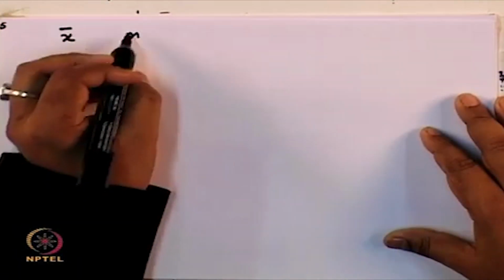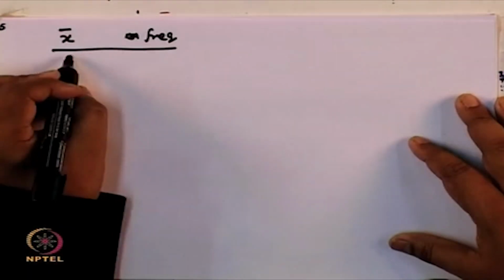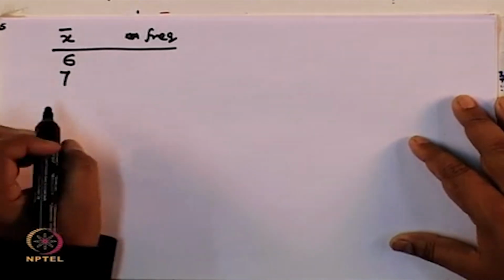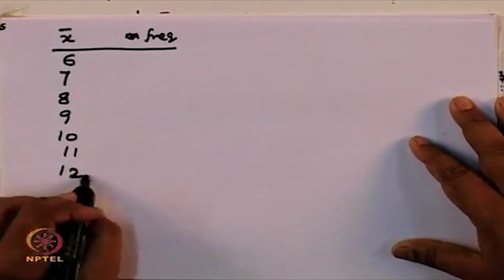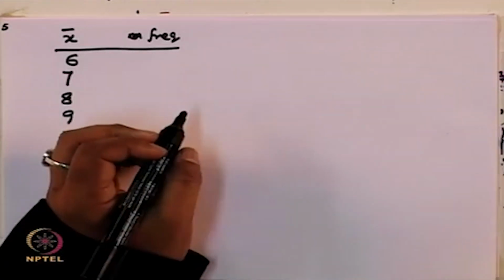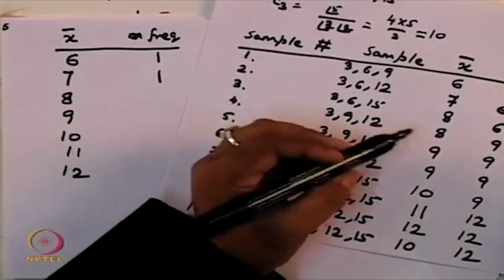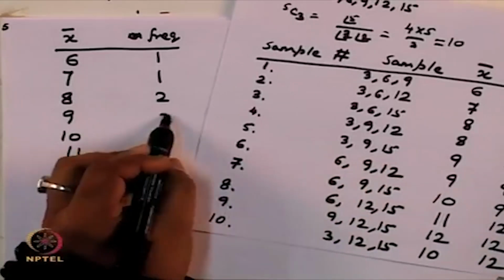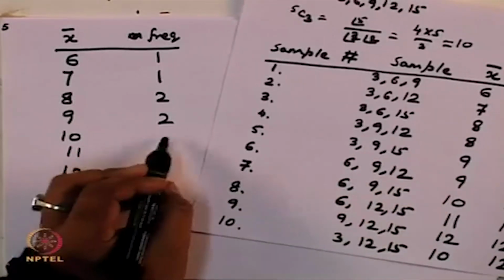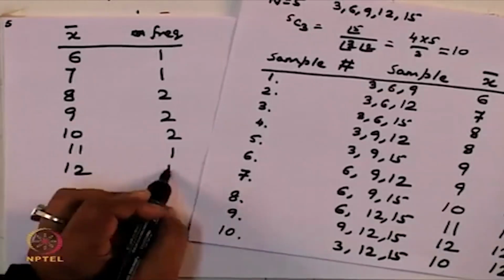We can do this as x bar and frequency. The values of x bar we get are 6, 7, 8, 9, 10, 11, 12. The frequency of 6 is only 1, the frequency of 7 is only 1, the frequency of 8 is 2, the frequency of 9 is 2, the frequency of 10 is 2, the frequency of 11 is 1, and the frequency of 12 is 1.